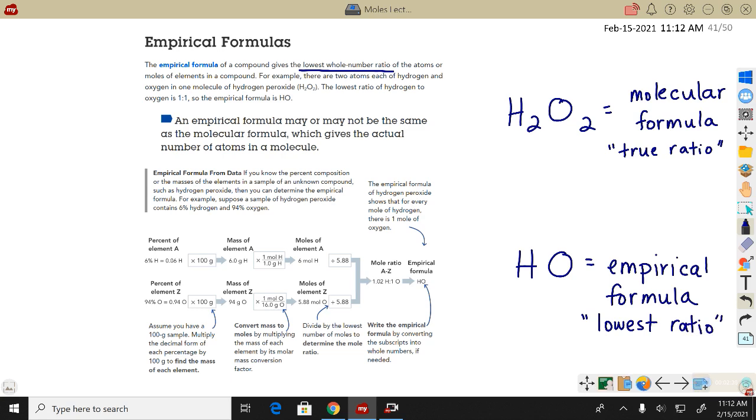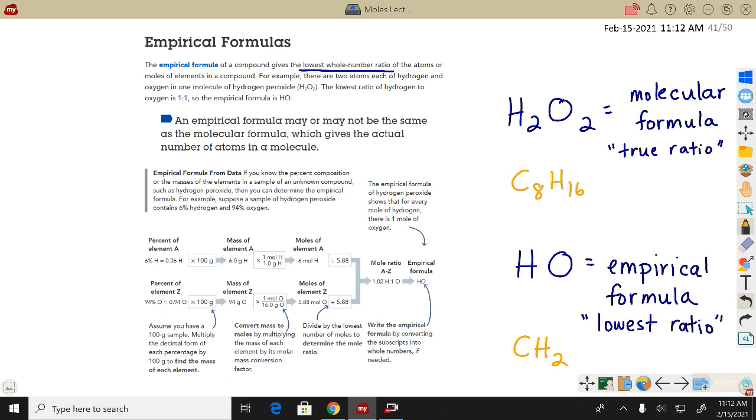And so again, another example might be something like C8H16. That might be the real structure of a big molecule. But I could also simplify that, and its lowest ratio would be CH2. Now, there could be lots of carbon-hydrogen compounds that have the same empirical formula.